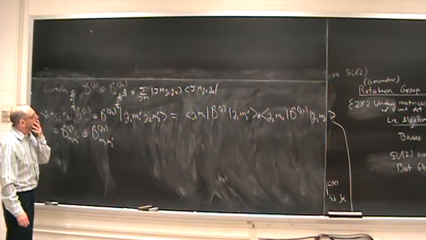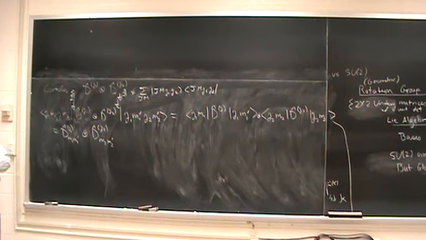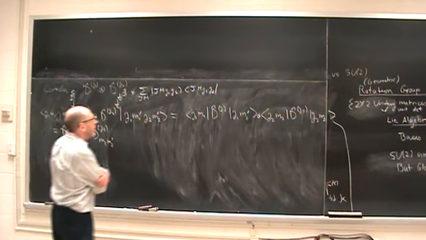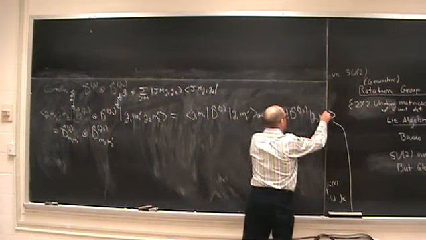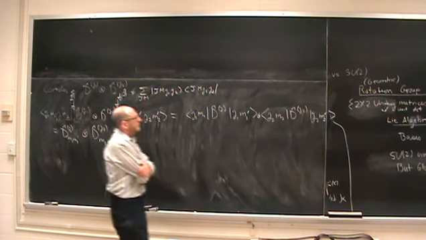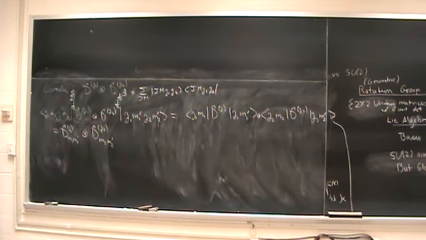Which of the J2 N2s have the dash on it? This should have a dash. I get Clebsch-Gordan coefficients, right?